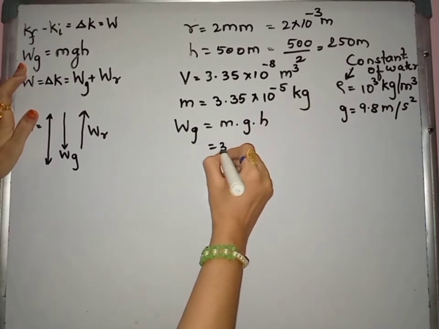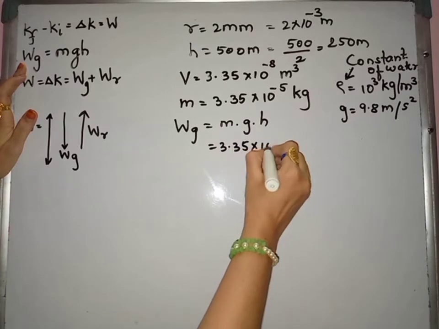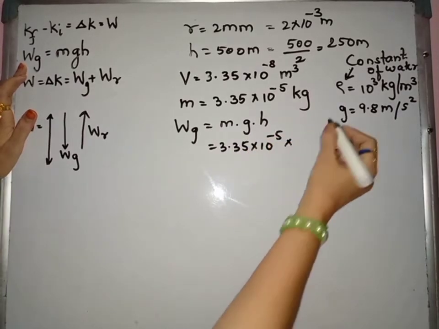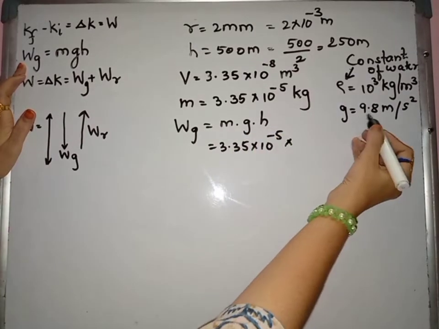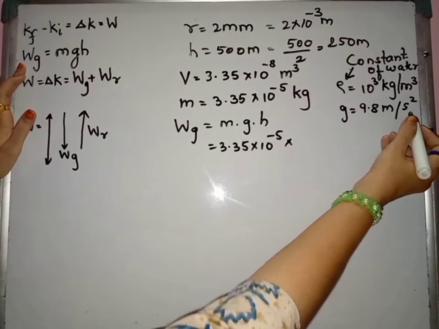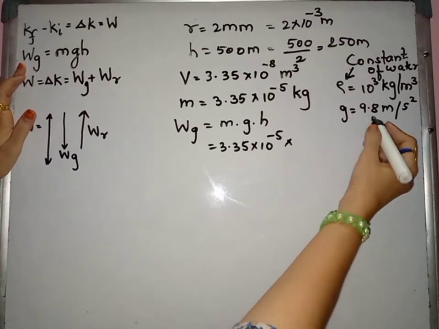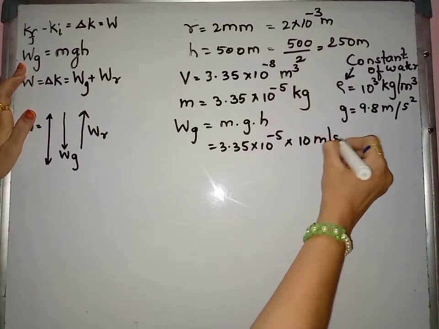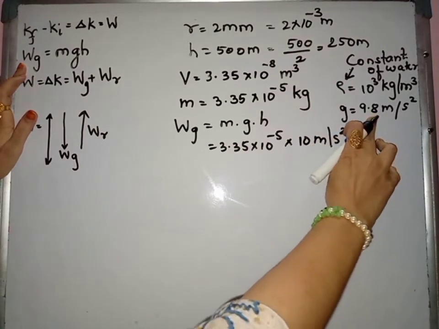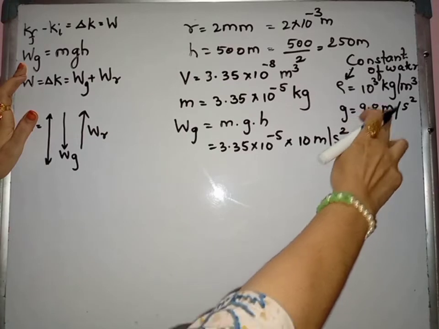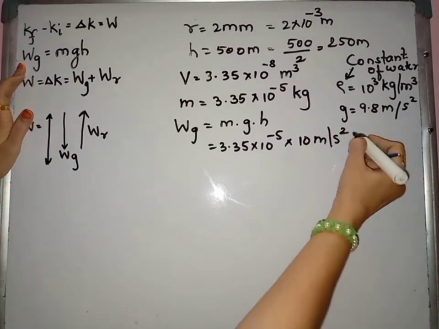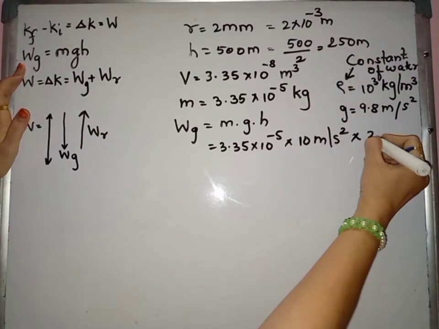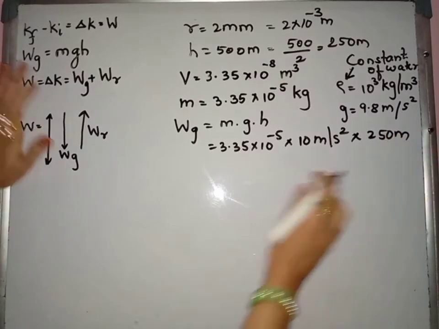Mass is 3.35 into 10 to the power minus 5 and gravitational constant is 9.8 meter per second square. For our problem, to make it easier, we will round it to 10 meter per second square, into our height 250 meters.